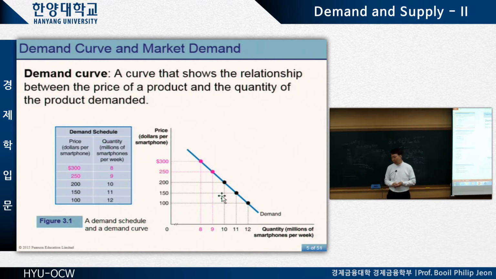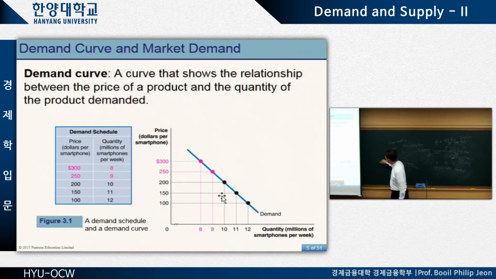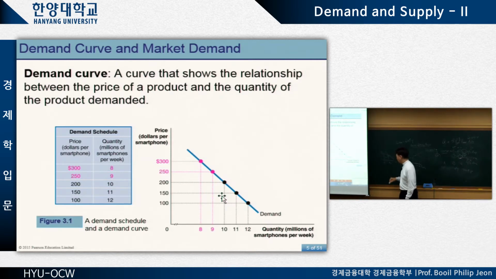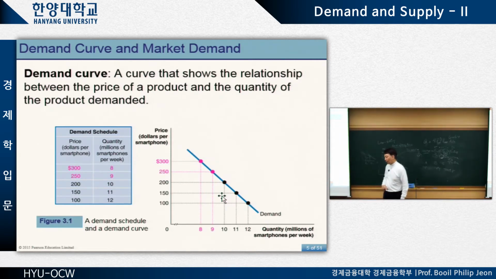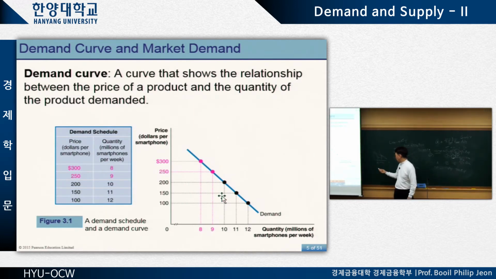And you should be able to illustrate graphically, let's say x1, x2. So the quantity demanded changes from x1 to x2.